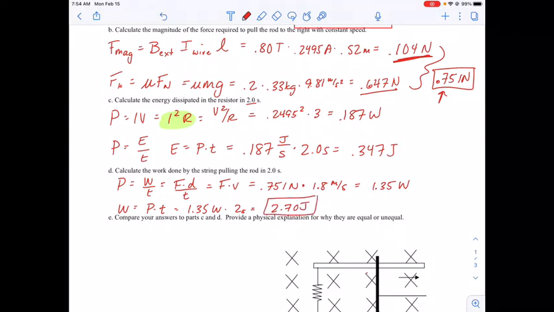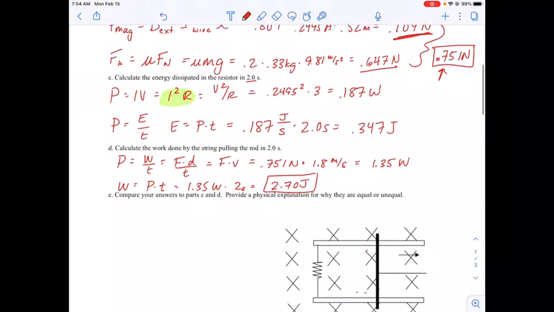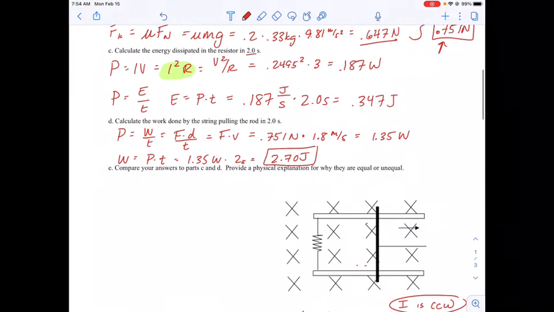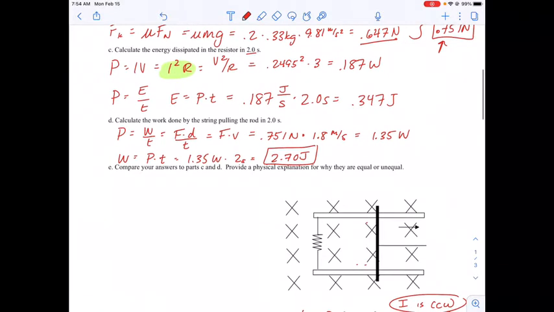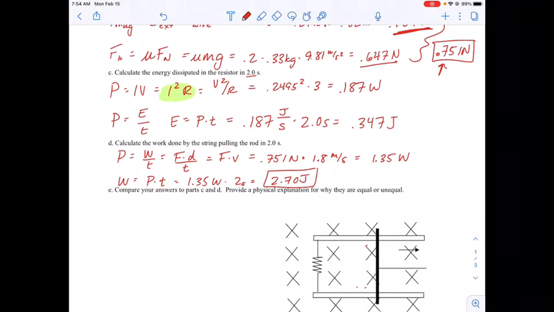Then finally, for part E, compare your answers to part C and D. Provide a physical explanation for why they're equal and unequal. So we had to do more work, 2.70 joules, than was dissipated in the resistor, and the reason is friction. Friction accounts for the difference.